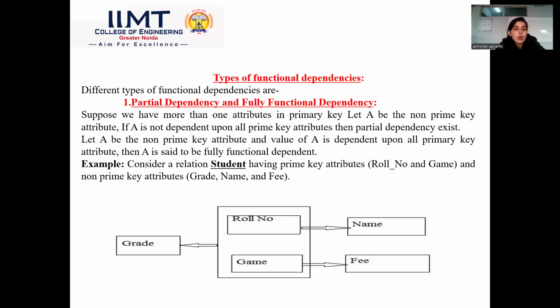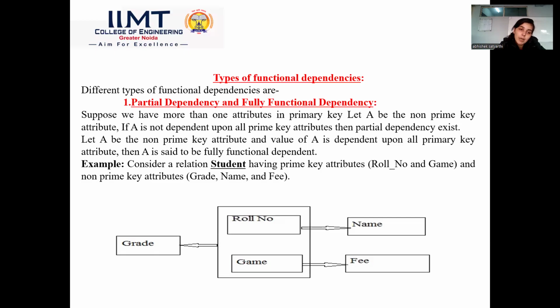If A is not dependent on all the prime key attributes of a relation, then partial dependency exists. Partial dependency exists where more than one attribute is present inside a key, and a particular subset of that key derives any non-prime attribute. So the partial dependency takes place.